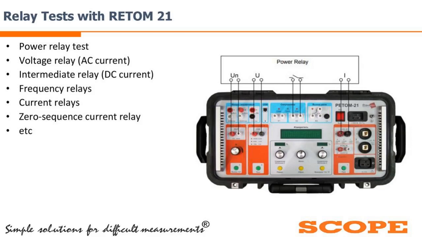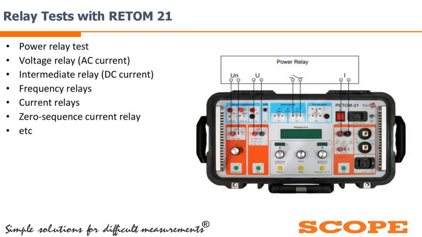Similarly, for voltage relays, there are two types: step-up voltage relays and step-down voltage relays. The operating time of step-up relays is measured when voltage increases, while that of step-down voltage relays is measured when voltage decreases. For intermediate relay testing, we use DC current.